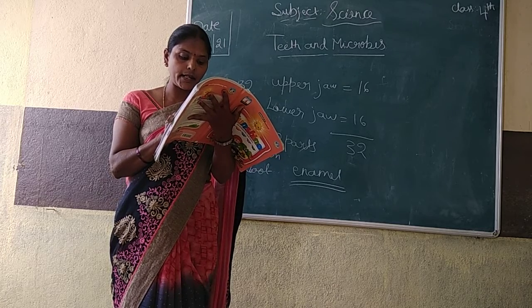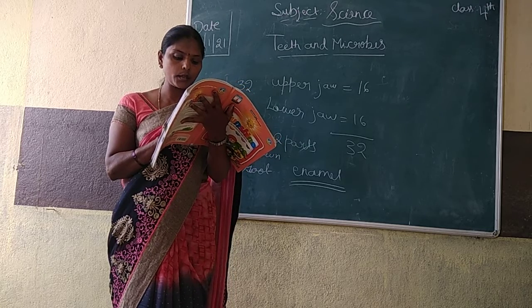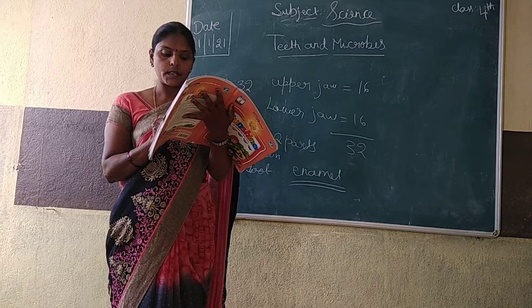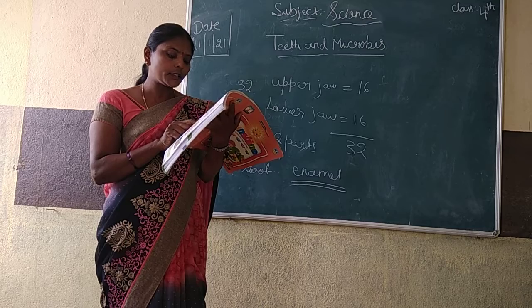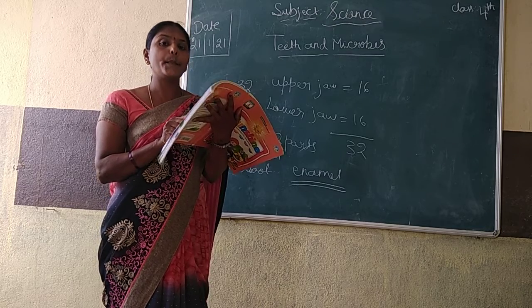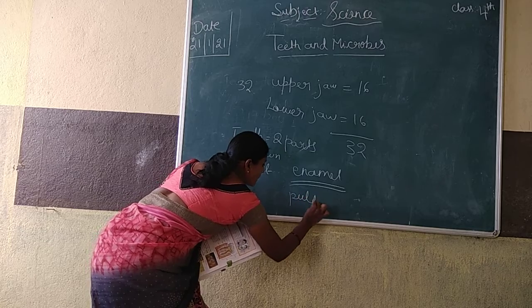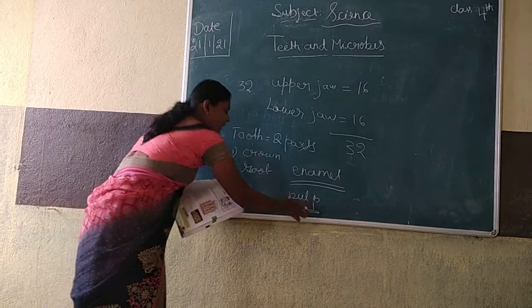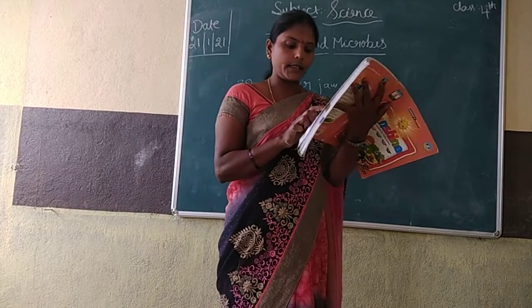The layer inside the enamel that forms the main hard part of the tooth is called dentine. The center of the tooth is called pulp. What? Pulp. It lies inside the dentine.